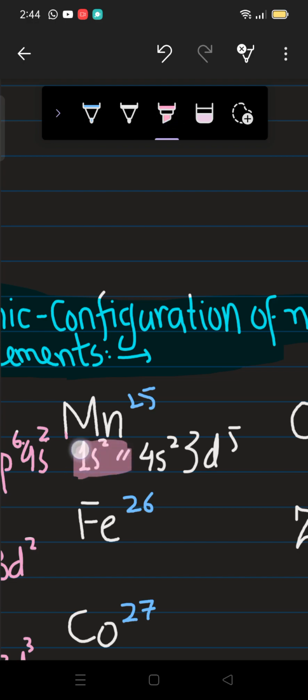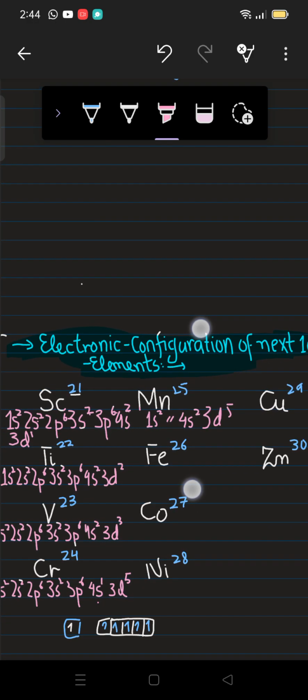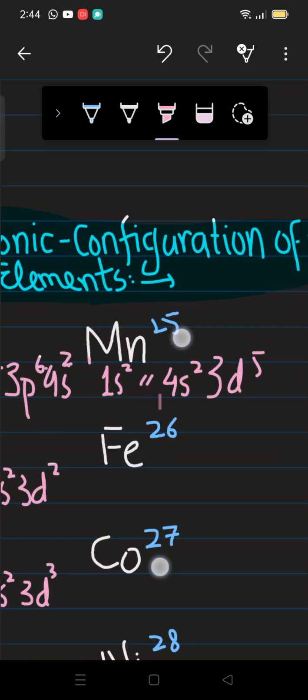This is the electronic configuration of manganese: 1s2, 2s2, 2p6, 3s2, 3p6, 4s2 and 3d5.